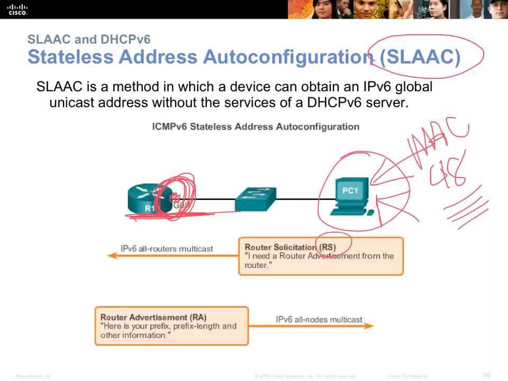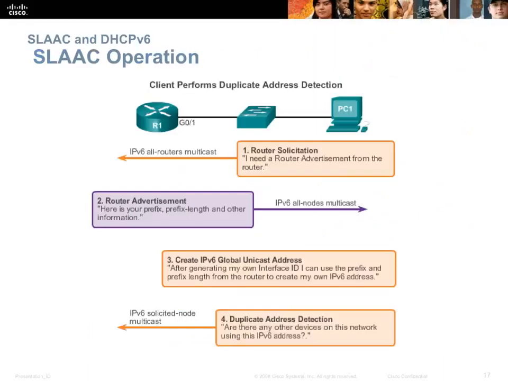A request, and then the router answers. All right, let's just run through it. Router does a solicit. Actually, the PC does a solicitation, if I can pronounce it.